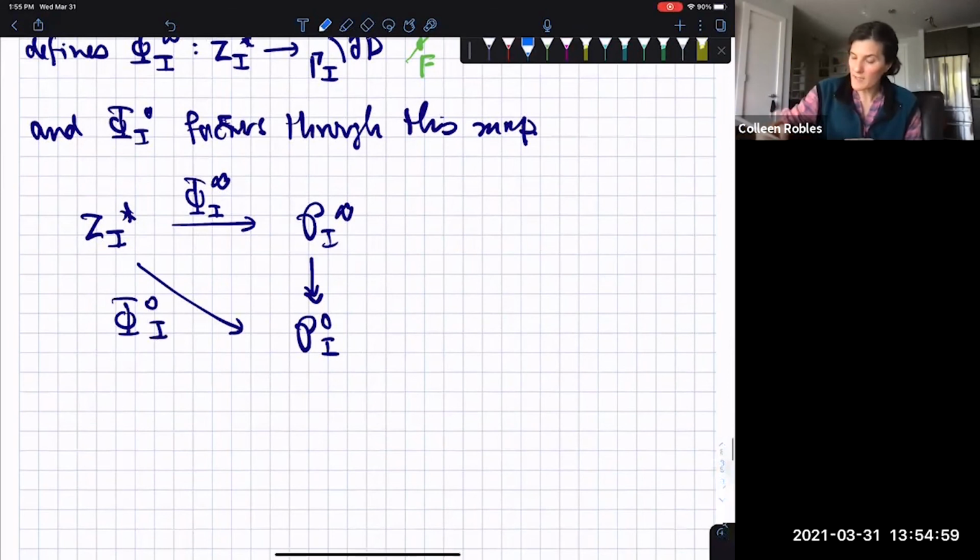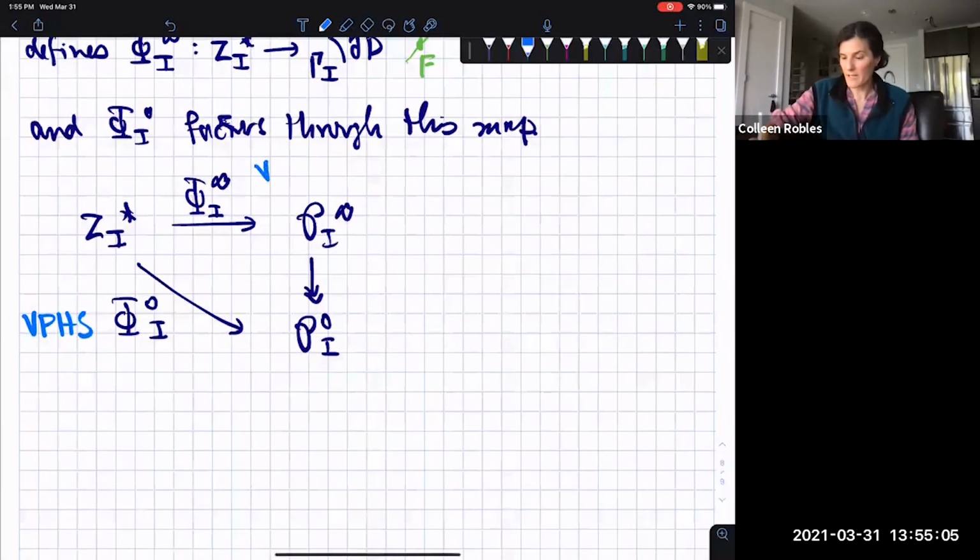So this was our original variation of polarized Hodge structure, and this is sort of our variation of, well, maybe just call it, I'm going to make up names for this. It factors through this map, and then the remarkable statement is here the infinitesimal period relation tells us that the fibers are finite.